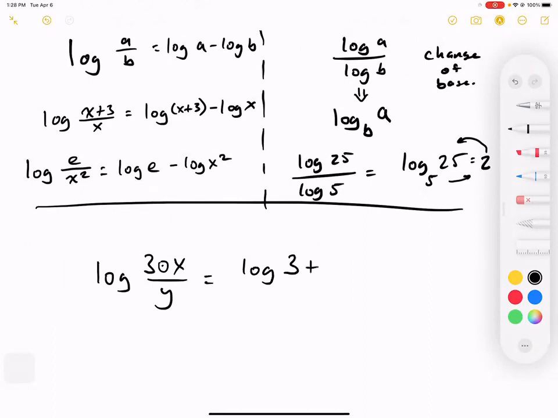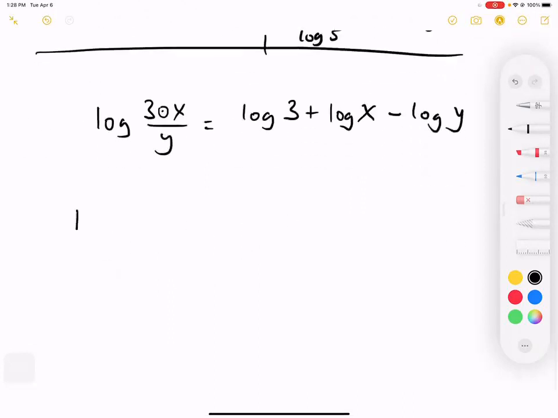That's log 3 plus log x, right? That's on top. And I'm subtracting by log y. So Siddharth, you are right, and you probably remember your algebra 2 rule, which is something we're going to cover right now.